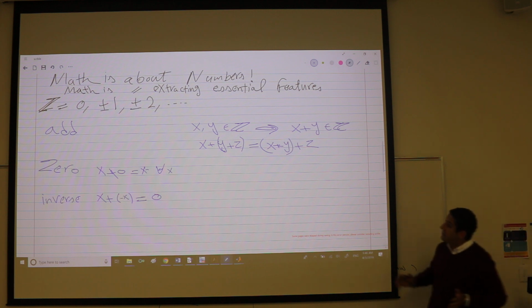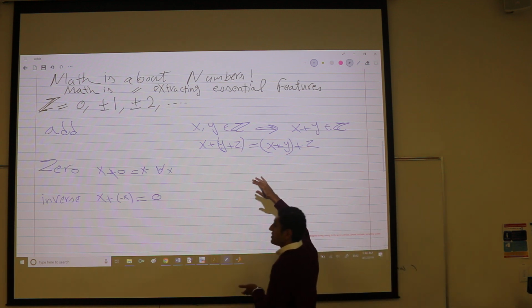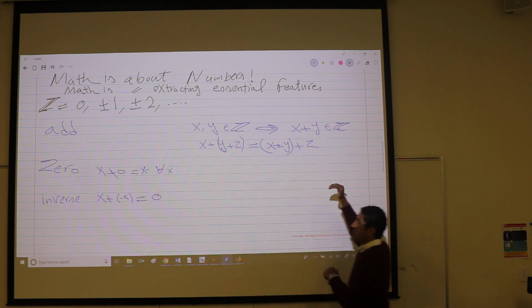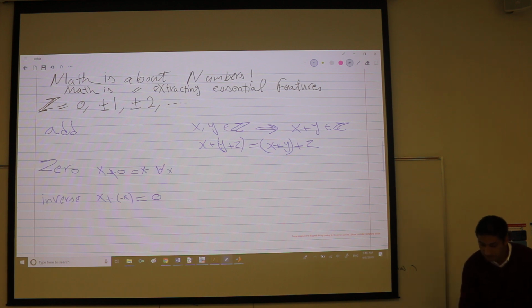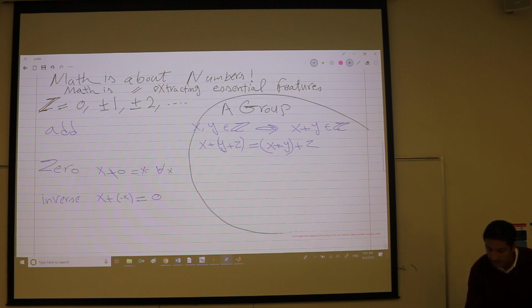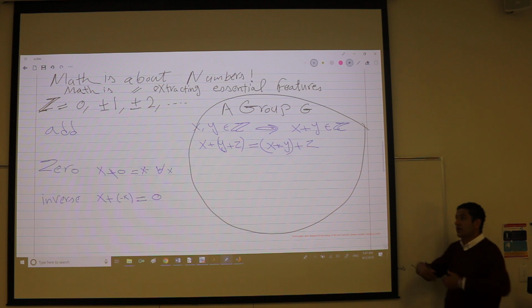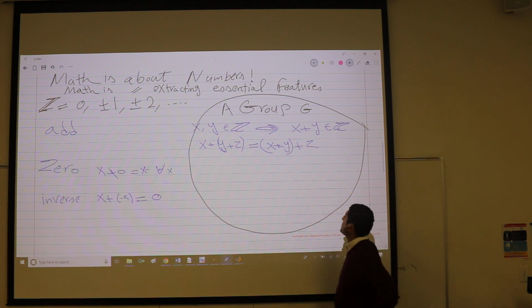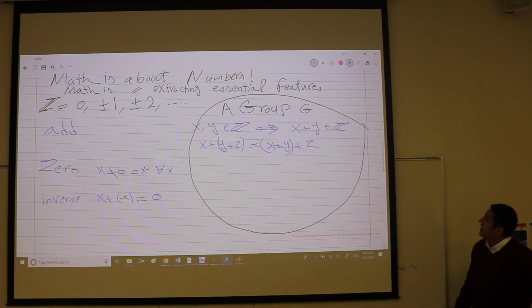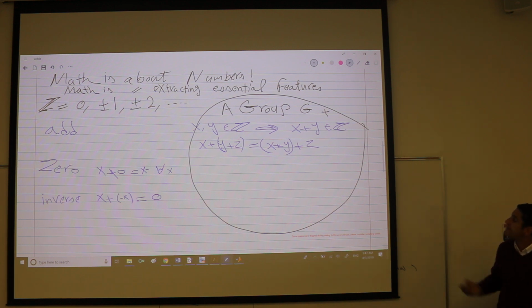So, okay, if these are really the intrinsic properties of the integers, let's make them into a very formal definition. This will be the definition of an object we're going to call a group in math. So these 4 axioms are for a group G. It's a collection of elements, numbers, for example, and it has an operation like the addition here.